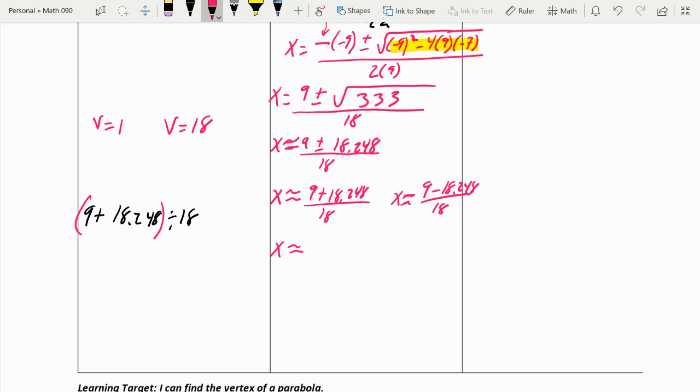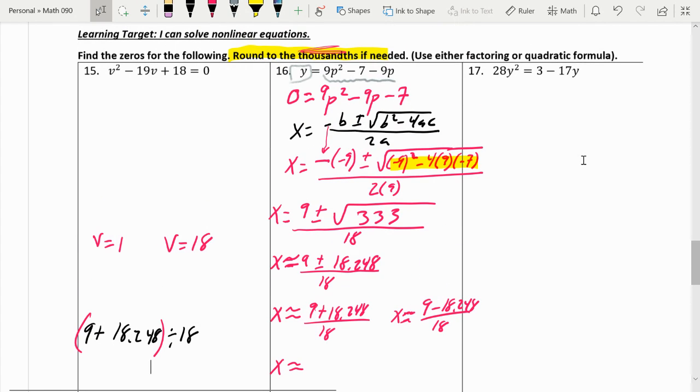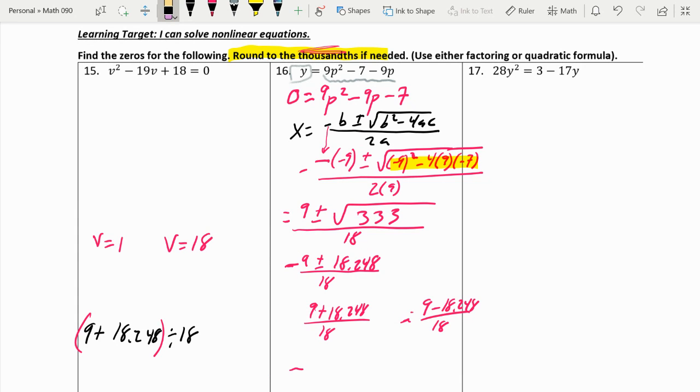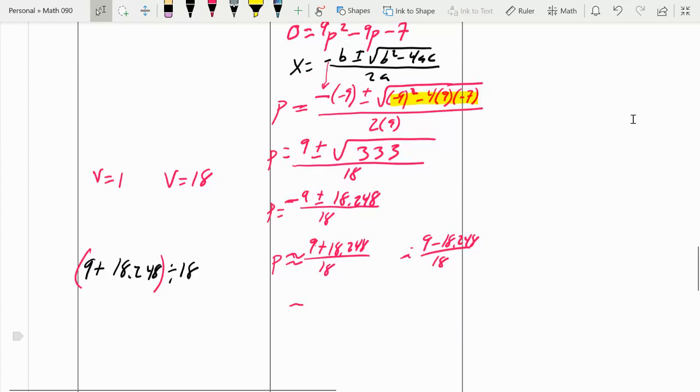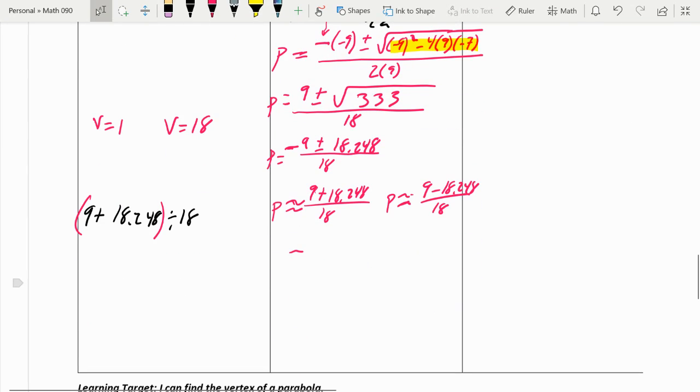Somewhere along the line, I think I changed the variable. Yeah, I screwed up, guys. Instead of x, everybody make sure you know this is supposed to be p. I'm always used to putting x. So that's supposed to be p is equal to... technicalities. p is approximately equal to... I knew I was going to screw that up.